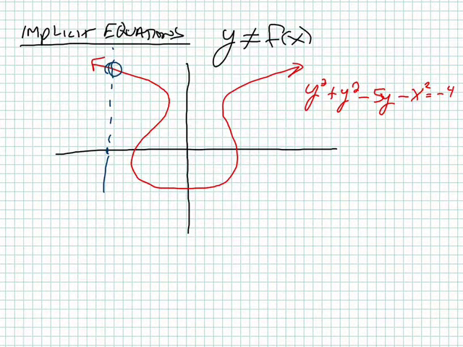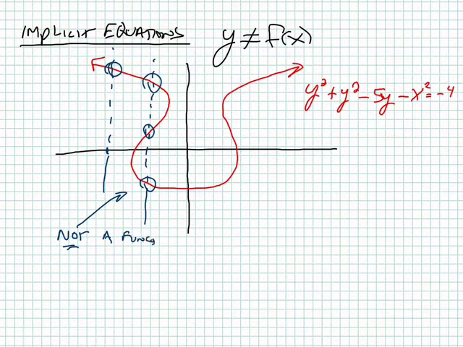However, there are locations where there are two or more y values at a given x. And so if it fails the vertical line test, we can say that this is not a function, because there's more than one y value for a given x.